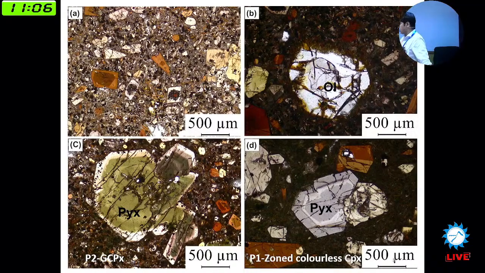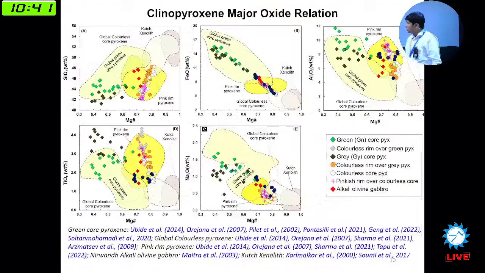The first one, which we call the P1 type, shows optical zoning from a colorless core to a pinkish rim, and some grains also preserve oscillatory zoning. The second type of clinopyroxene is P2, which has a green core and shows pleochroism from light green to dark green, and is rimmed by a colorless rim.